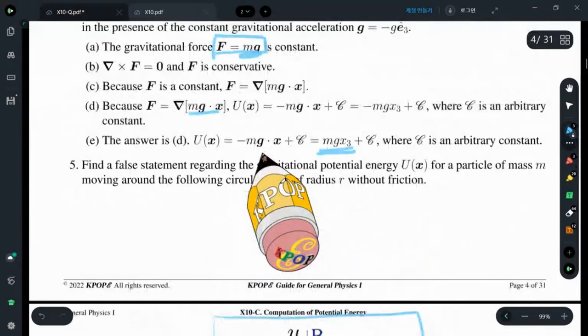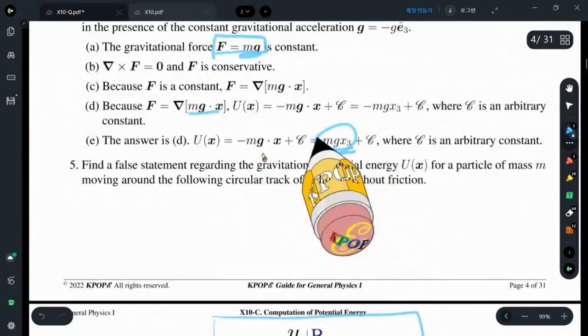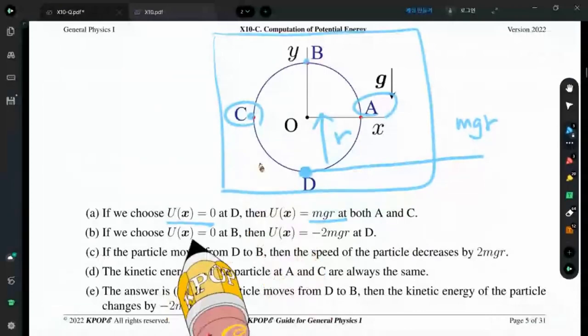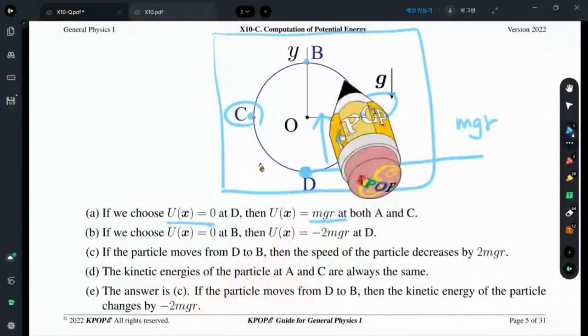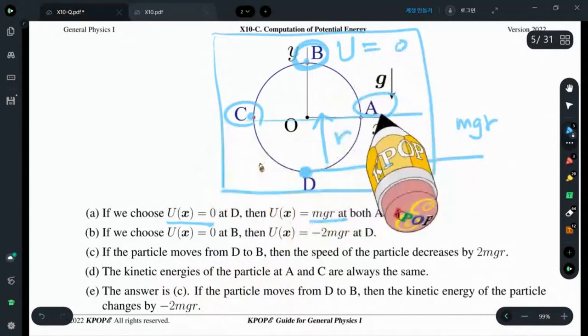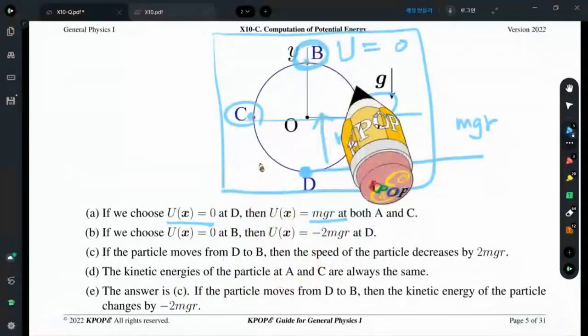What we can use is this formula we just have derived. And if we choose B to be the reference point, with U equal to 0, these points are lower than this.